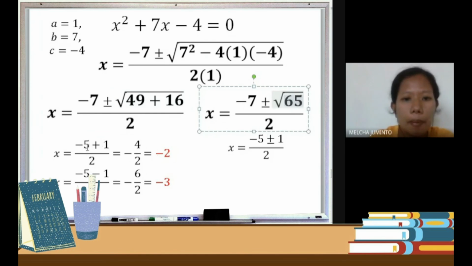Add 49 and 16 to get 65. And then 65 cannot be simplified anymore because the two factors of that are 5 and 13. Both of them are prime numbers. 13 times 5 is 65.